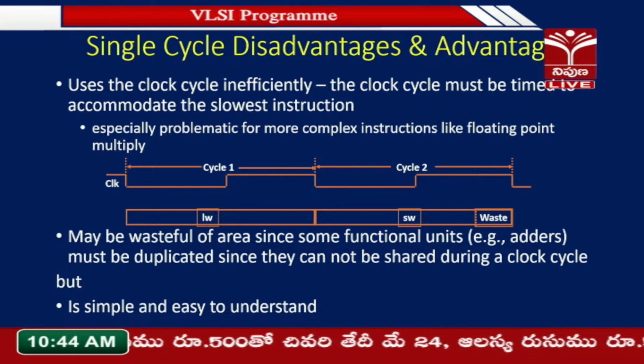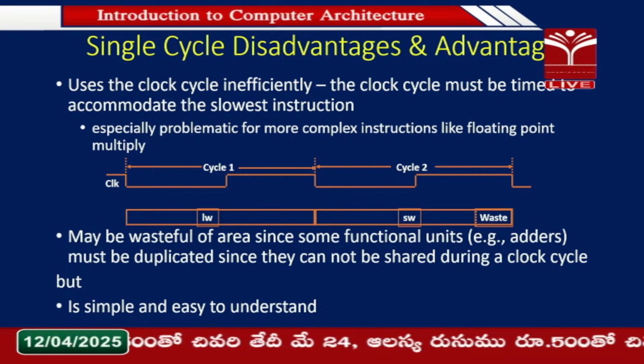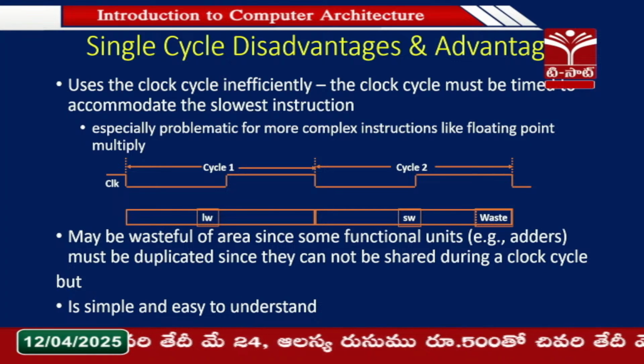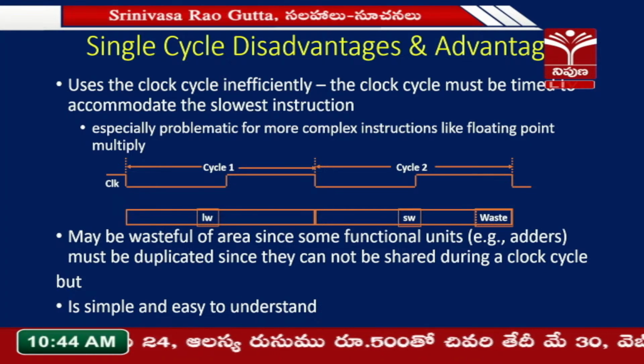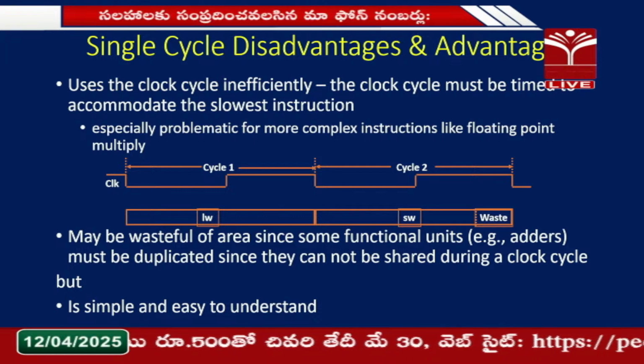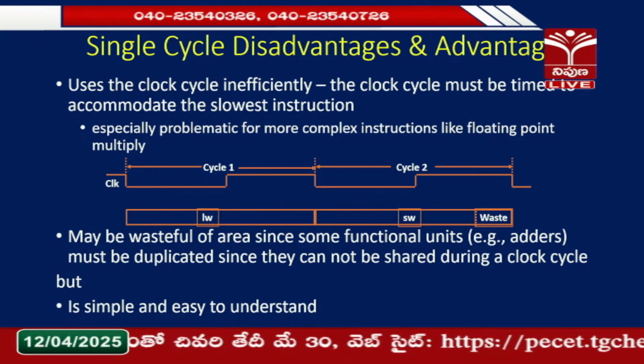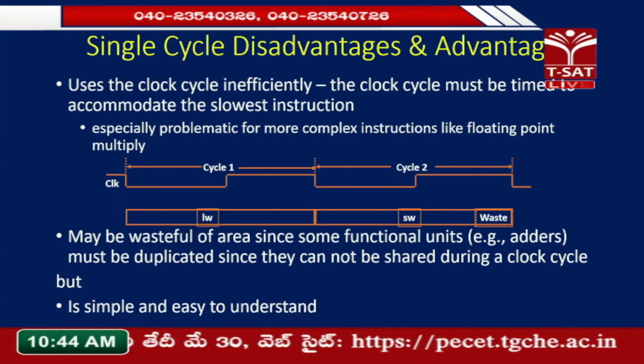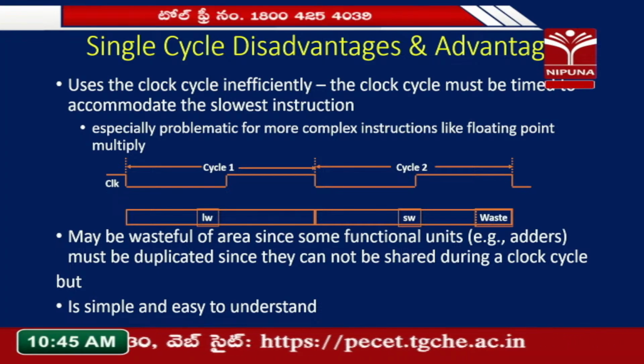Depending upon that, it could be wasting some cycles, and the clock cycle needs to be defined based on the longest instruction being executed. So, if your load word is the longest instruction, then your clock cycle rate in a single clock cycle design is defined by that, and you have to waste some time for the remainder of the instructions, and the CPU is considered to be idle in those cases.